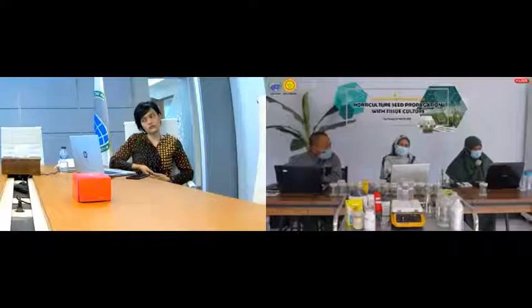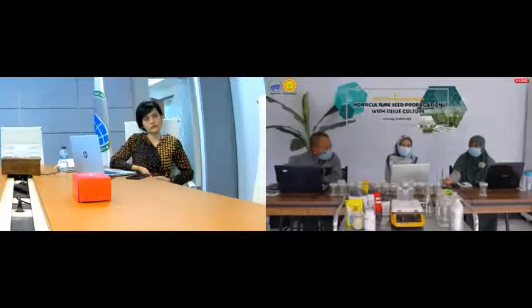Sometimes we experience that plants from tissue culture are quicker. For example, for certain plants, it needs 1 or 2 years after we plant in the field to have the fruit.